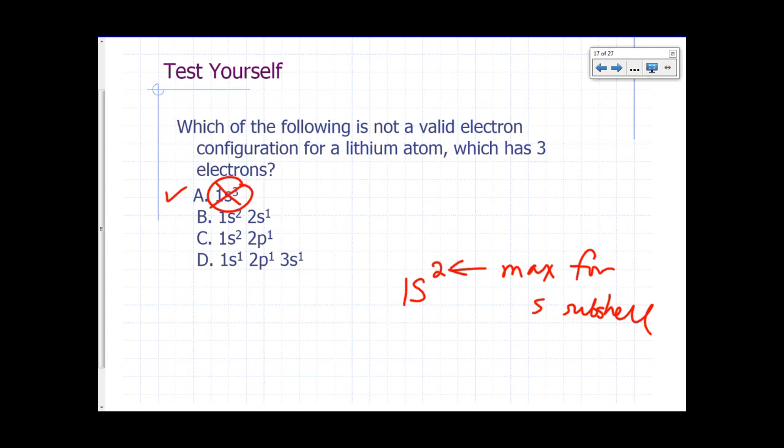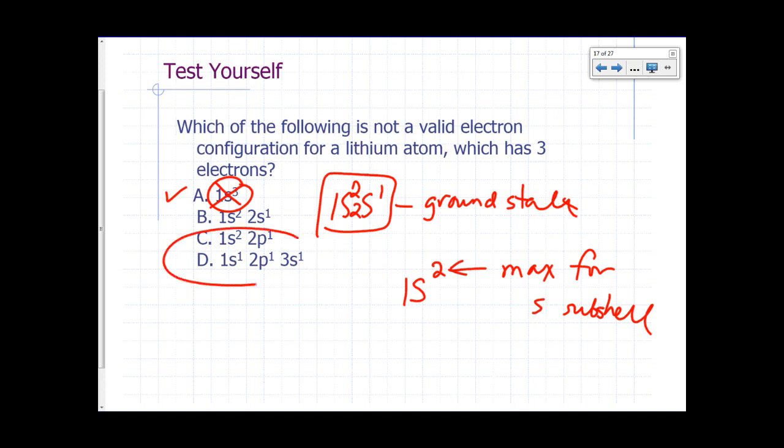All right, so what about 1s2 2s1? That's going to be the ground state, right? So why aren't these other two wrong? Why are these valid? Well, as long as you're not violating Pauli's principle, not putting more than 2 electrons in an orbital, or implying that there are more than 2 electrons in an orbital, then you're fine as far as your electron configuration being valid.